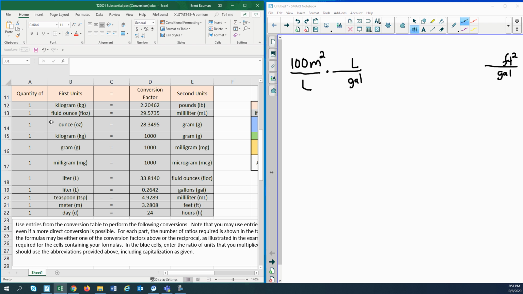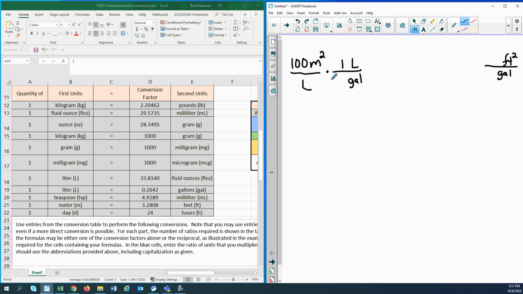Okay, so we're looking for liters and gallons in the same row. So here is what we have. We have 1 liter is equal to 0.2642 gallons. Okay, so when I transfer that to my fraction here, the values that are next to the units need to stay next to them. So in this case, there's 1 liter, that's right there, and then the 0.2642 is next to the gallons.